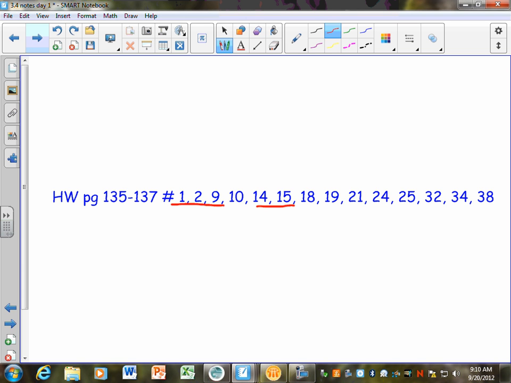Let's just kind of hold off on that and let's explore this tomorrow, and try to finish that last example. See if you can figure out what to do there. And 1 and 2 are like our first example. 9 is a picture, and they're asking you about a particle moving, and we'll talk about that one tomorrow too. But that's a good AP question, number 9. And then we'll finish the others.